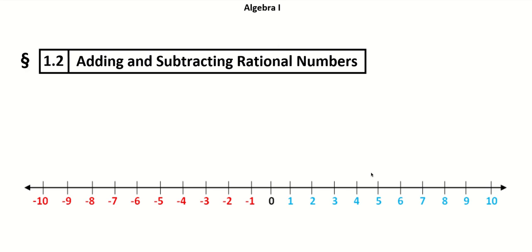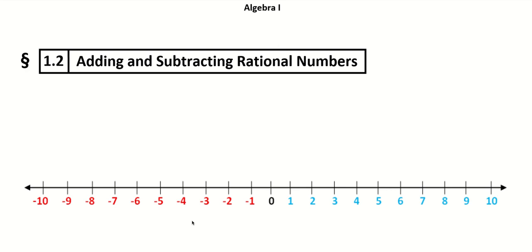I hope you're immediately thinking we move to the left. 5 minus 2, you move back to 3. Or 5 minus 9, you go back to the left 9 spaces, and you end up at negative 4.